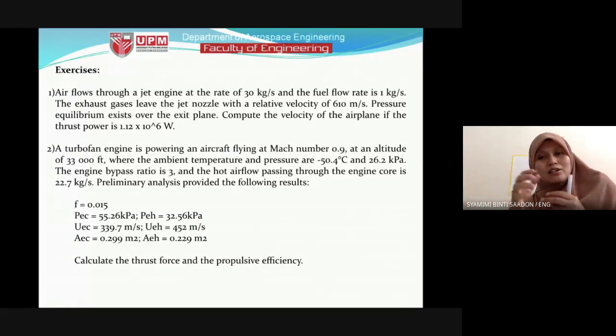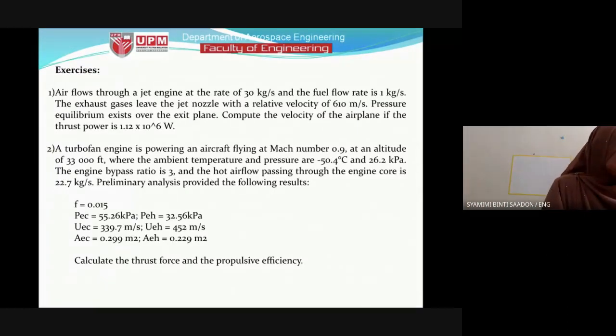For a turbojet we only have two terms, the momentum thrust plus the pressure thrust, but for a turbofan there are four terms. You have to double the thrust force equation, because you have one part for cold and one part for hot.